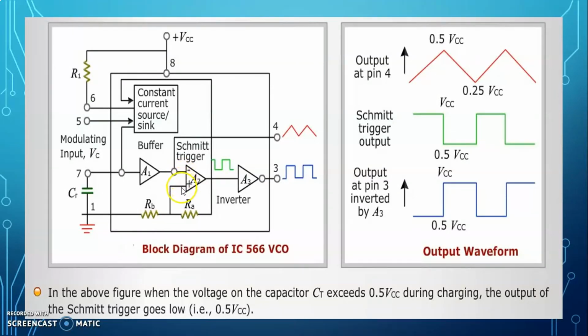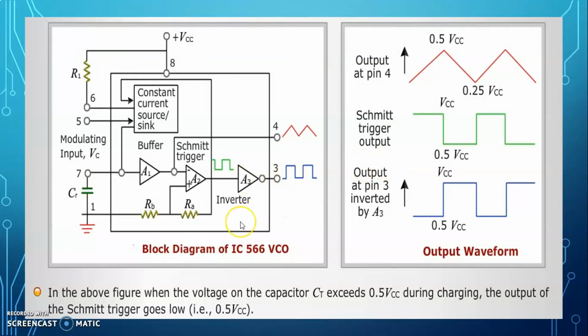In such a condition, the Schmitt trigger output changes from 0.5 VCC to VCC. Here the output goes high. At that time, the Schmitt trigger sends the control signal to the constant current source. Now the constant current source again changes the direction of the current flowing through the capacitor. This process is repeated.